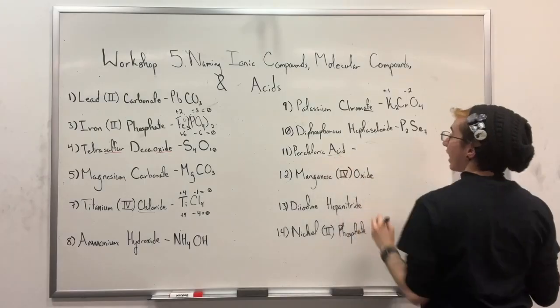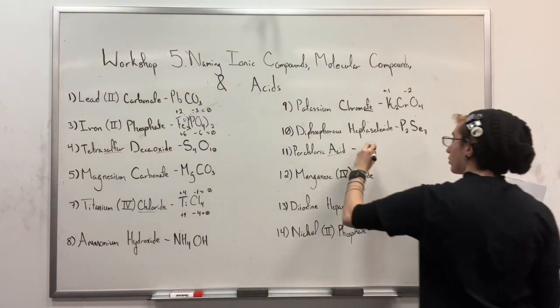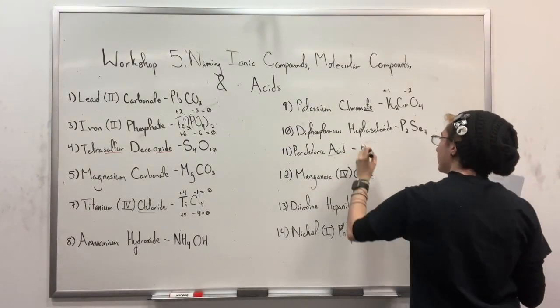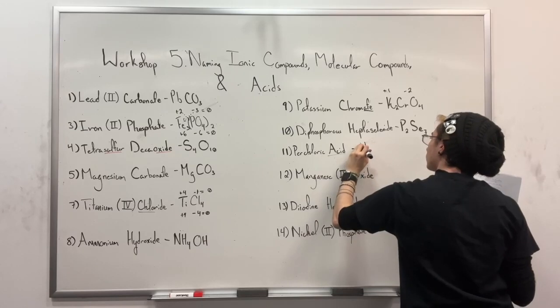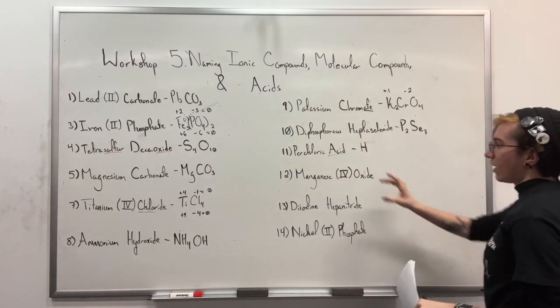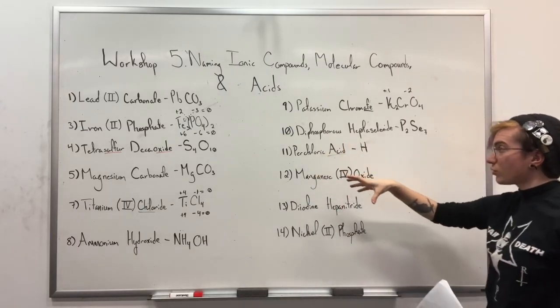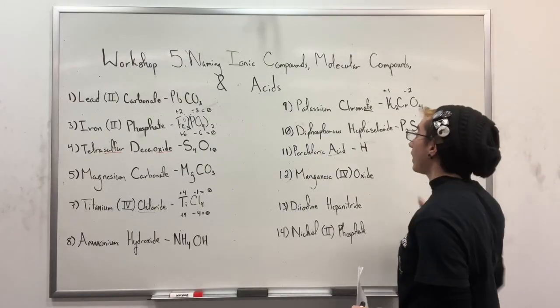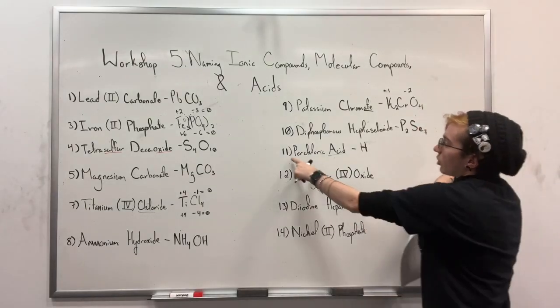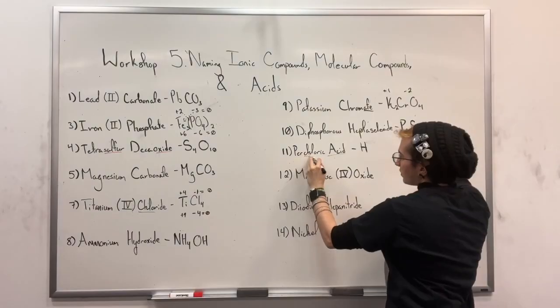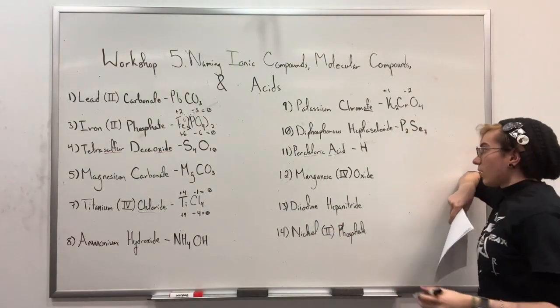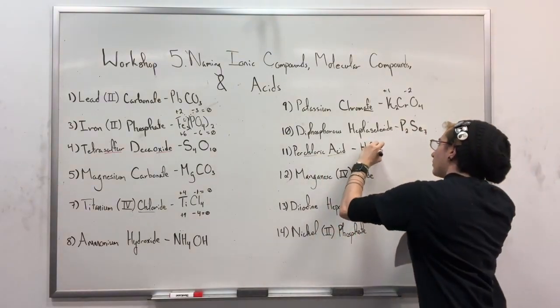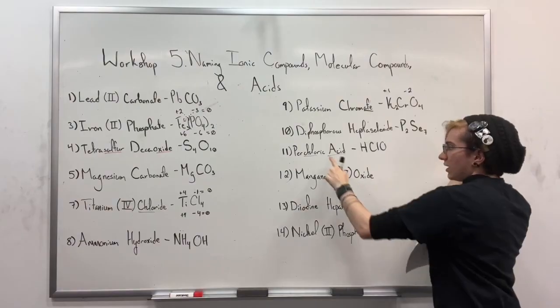Perchloric acid, acid telling us we're going to have hydrogen, so we could already start this compound off with an H. There we go. And now we look at the naming. There's no hydro in it, so we know it's going to be a polyatomic ion, not a standalone element. Perchloric, the chlor tells us that there is chlorine in this compound, so we know it's going to be something in the ClO family.